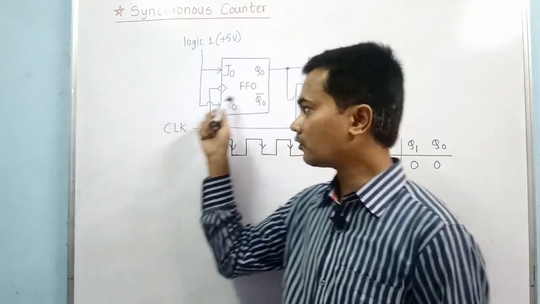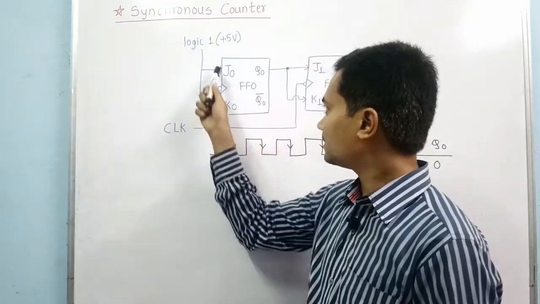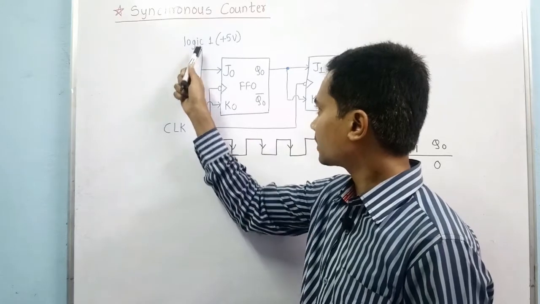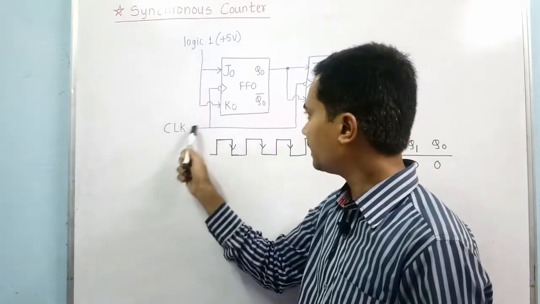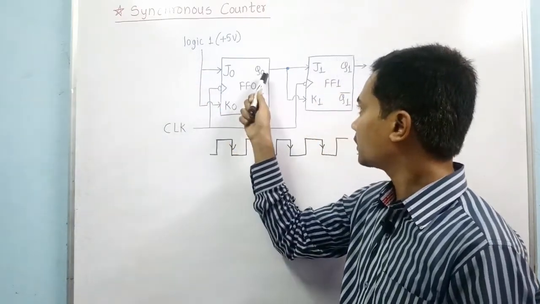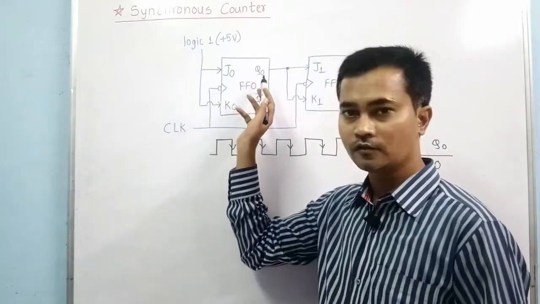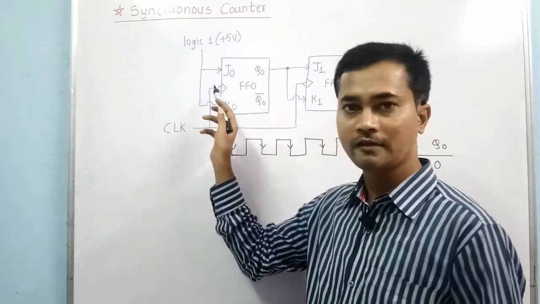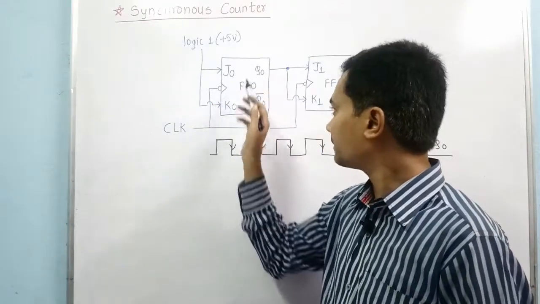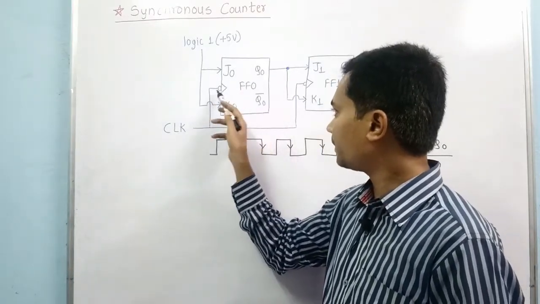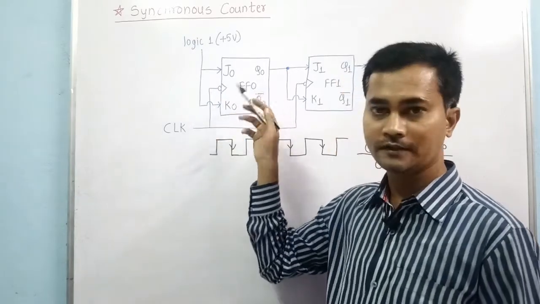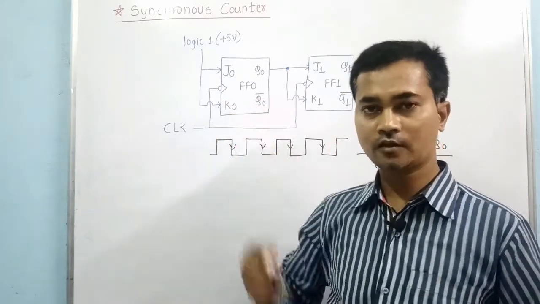The output will be toggled whenever JK is tied to logic 1 and the clock is applied. If the present state of Q0 is 0, after applying the clock signal it will become 1, and if the present state is 1, it will become 0. That is called toggle.